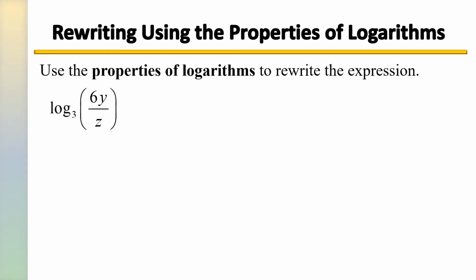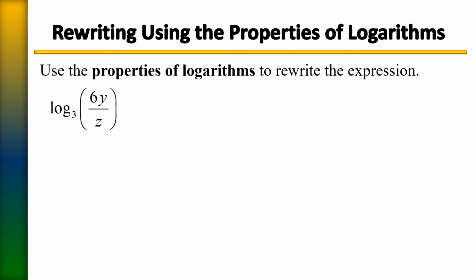In this example, we're asked to use the properties of logarithms to rewrite the expression. Now, when you use the properties of logarithms to rewrite an expression, all you're doing basically is writing it in expanded form. So here we have it in short form, and we can expand that. When you have a log that contains a fraction, recall that we can use the quotient property.